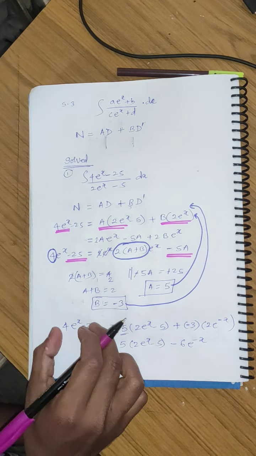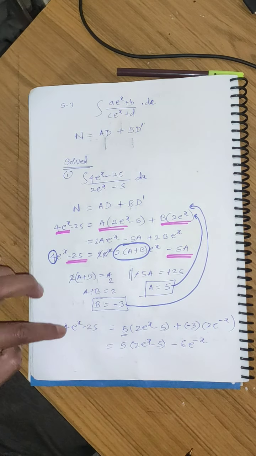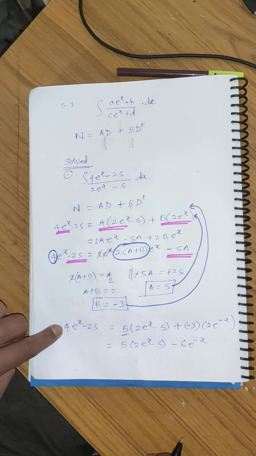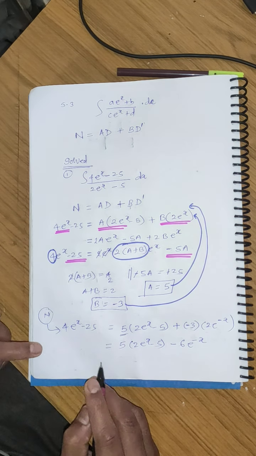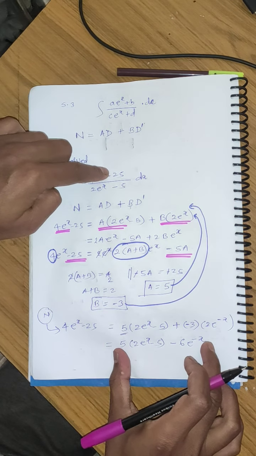This whole thing you have to place in the place of the numerator, right? So this is the numerator, and in place of the numerator we put this whole expression.